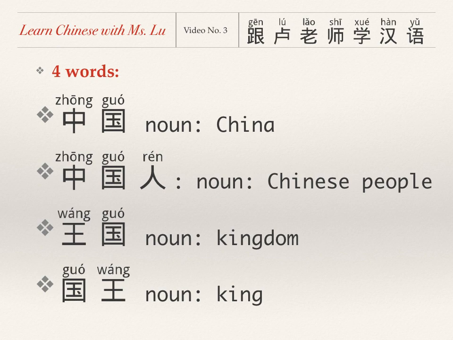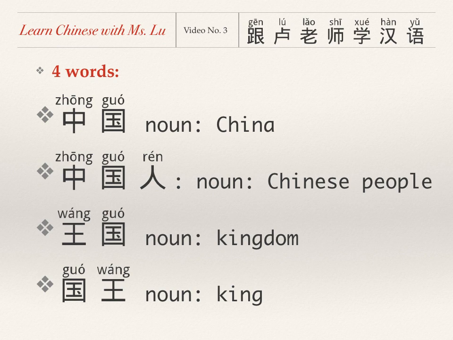The third one is 王国. 王 means king. 国 means kingdom, country. 王国 together means kingdom. It's a noun.